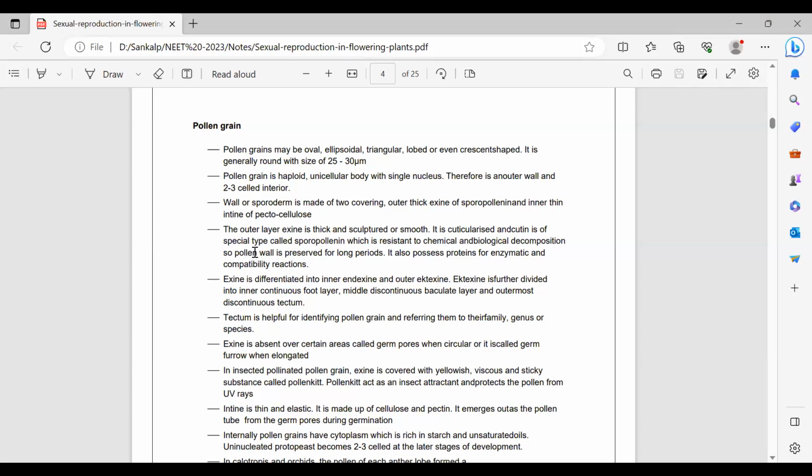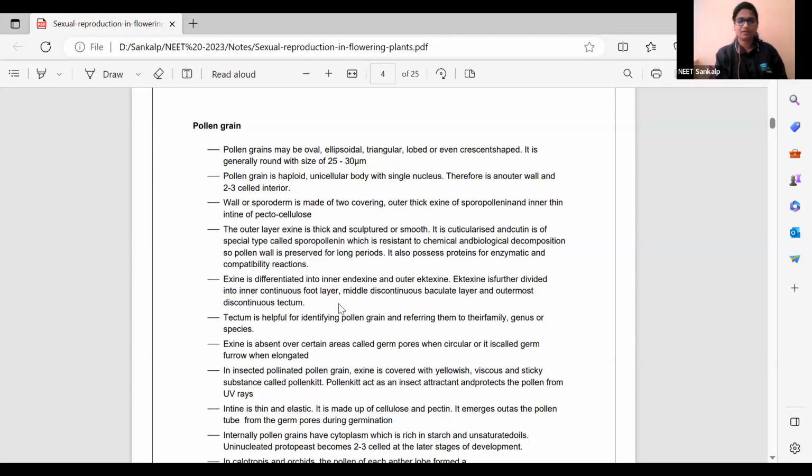It also possesses proteins for enzymatic and compatibility reactions. Exine is differentiated into inner endexine and outer ectexine. Exine is further divided into an inner continuous foot layer, a middle discontinuous baculate layer, and an outermost discontinuous tectum.